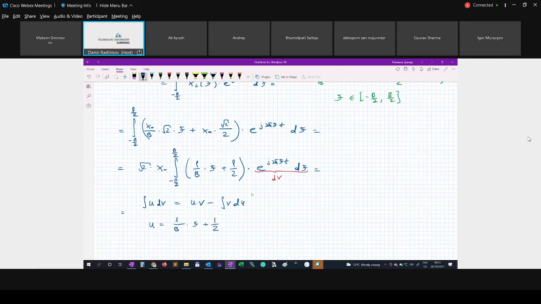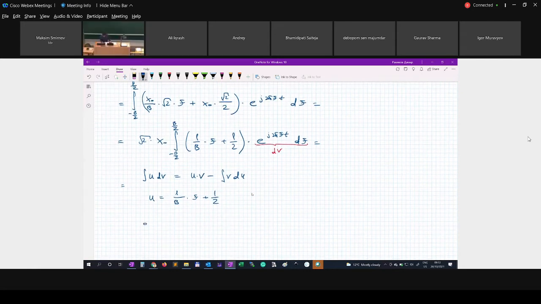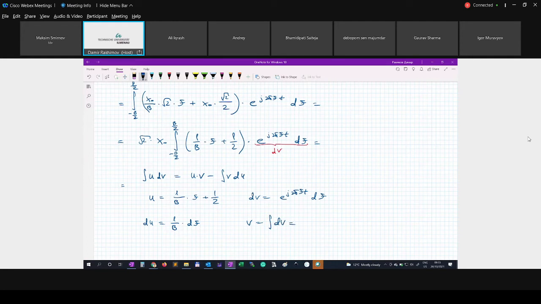Then du equals 1 over B times df. And the second part, dv, equals the exponential function e^(j2πft) df. To calculate v, we have to integrate dv, and for this exponential function it will be equal to 1 over j2π t times the exponential function e^(j2πft). And if you see that I made some typos or mistakes, please indicate it.